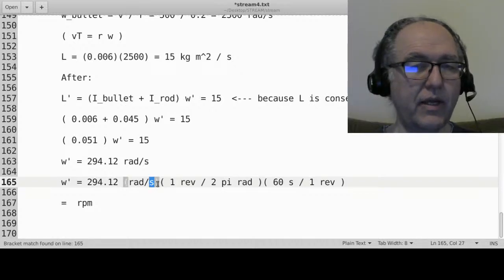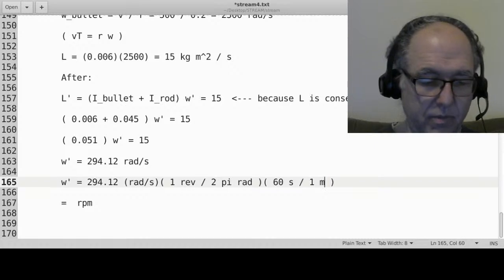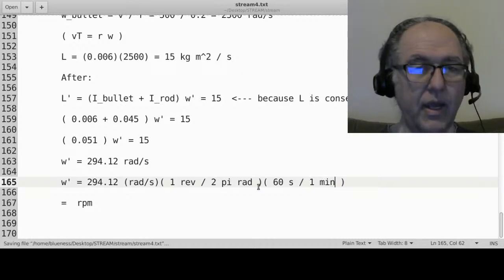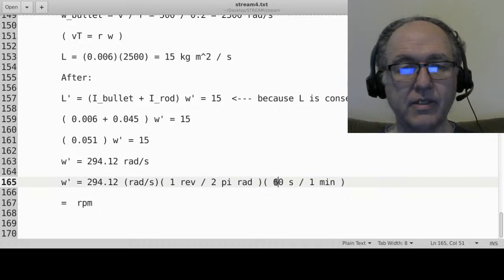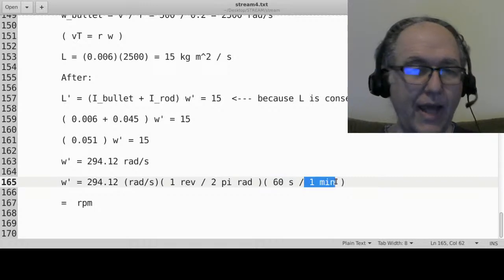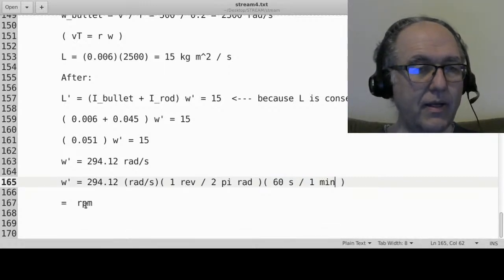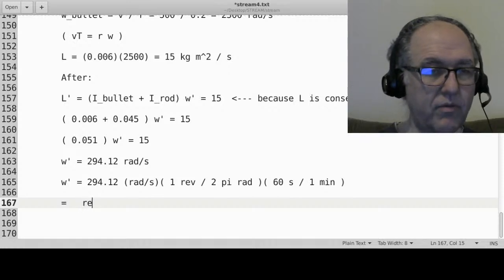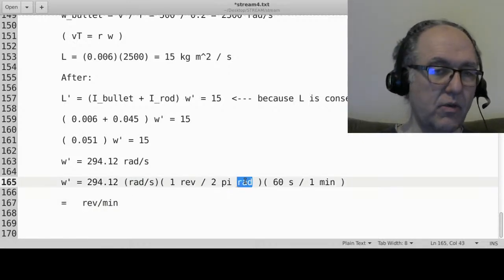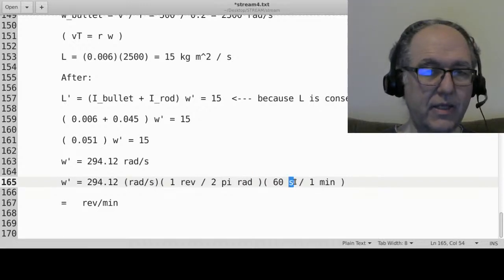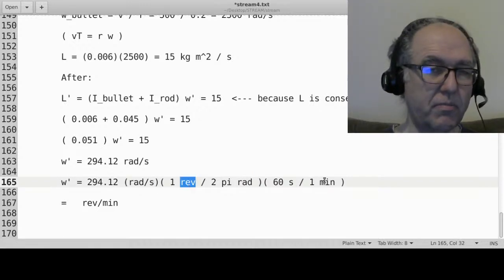And then the seconds here, we want to convert to minutes. Seconds in the denominator here, so seconds in the numerator, 60 seconds is equal to 1 minute. Notice that the radians here will cancel radians there, and the seconds there will cancel seconds there, and all that remains is revolutions per minute.